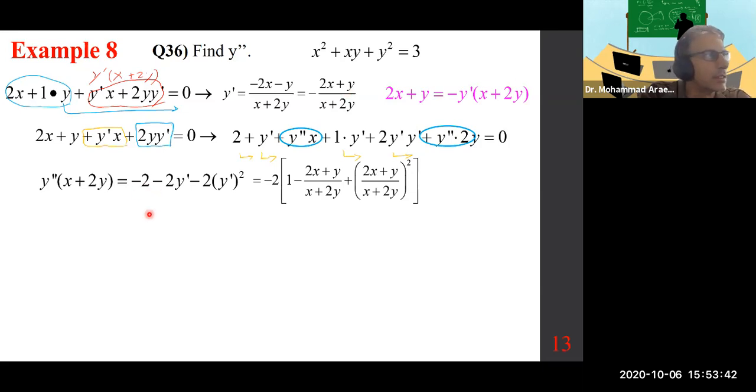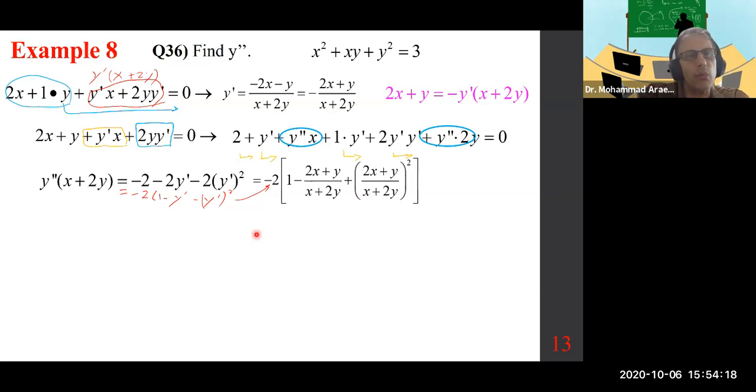I hope everybody can see that. So minus y prime minus y prime squared. So that's what happens. And now we replace the y prime, and there you have it. So the y prime is replaced by this, and there you have it.